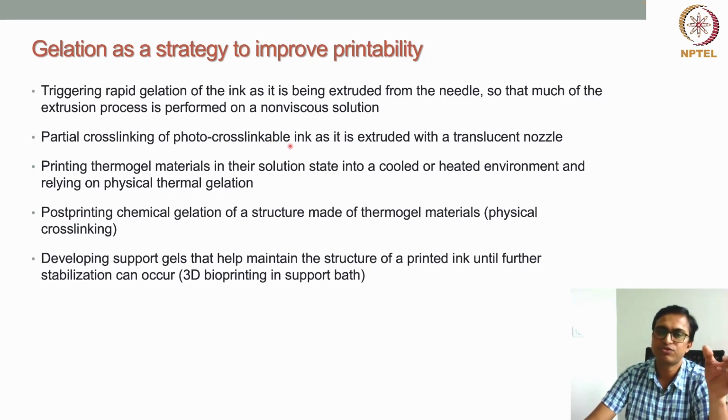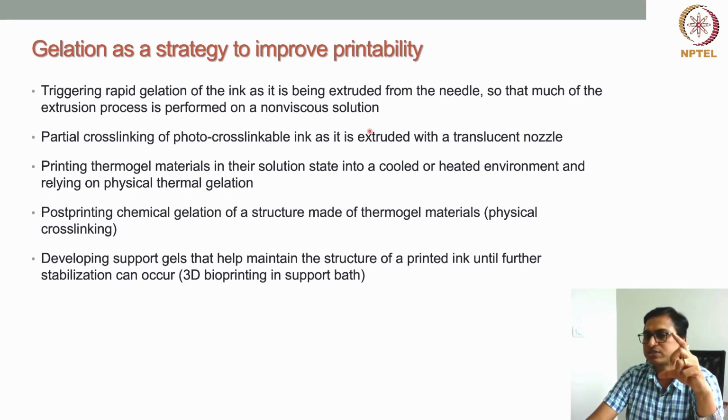When we use a photopolymer, it is in the monomer state at the beginning, but we use some kind of photoinitiator, so that when the light is on, the photoinitiator gets activated and starts the photopolymerization process. So photopolymerization is another way to solidify the material.